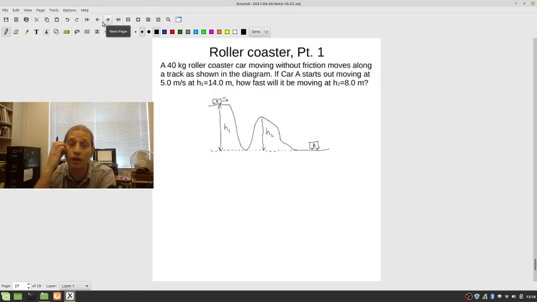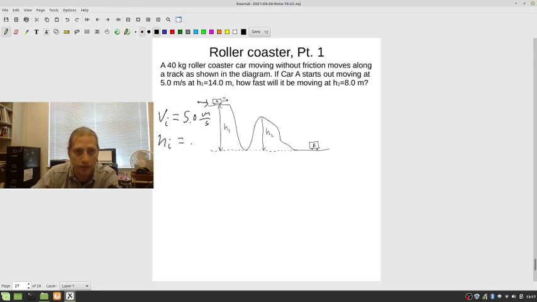I've given you the same type of problem once again for the roller coaster. In this case, I gave you the mass, but it turns out it won't matter in this first problem. It says a 40 kilogram coaster car moving without friction moves along a track as shown. If the car starts out moving at 5 meters per second, so right here, v initial equals 5.0 meters per second, and the height initial is 14 meters.